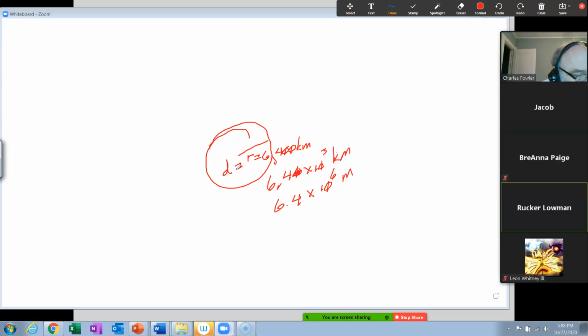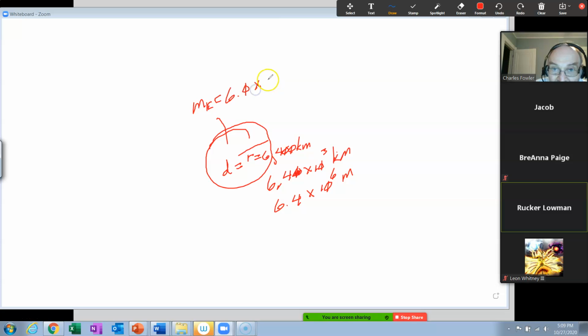If the mass of the Earth, and here is the mass right here, the mass of the Earth is equal to 6.0 times 10 to the 24th kilograms.